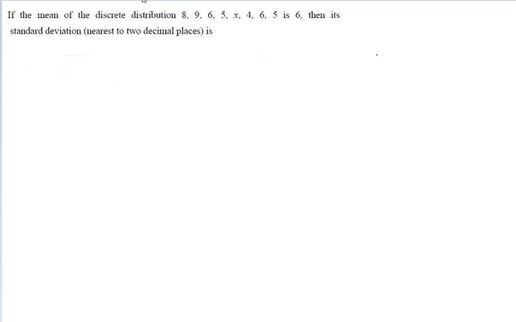Next problem. If the mean of the discrete distribution 8, 9, 6, 5, x, 4, 6, 5 is 6, then its standard deviation nearest to 2 decimal places is dash. Here the mean is given, that is mean is equal to 6. That means 8 plus 9 plus 6 plus 5 plus x plus 4 plus 6 plus 5 by total numbers, which is 8, is equal to 6.